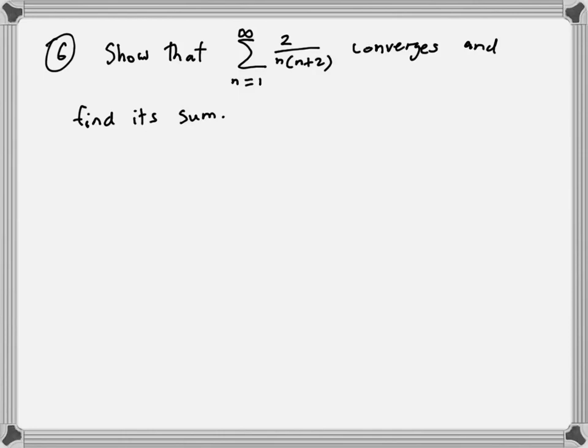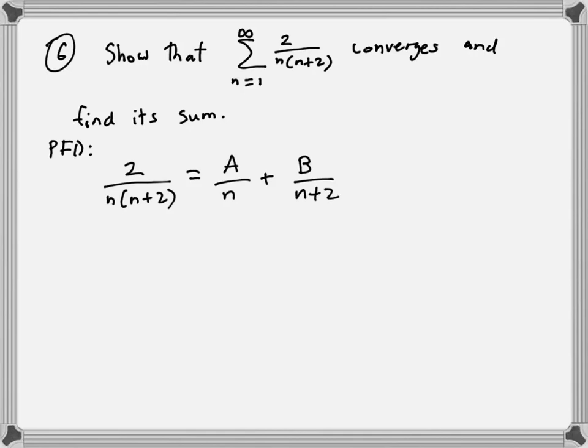Now, it is not easy to look at this sum just on its own, but here is the trick, okay? The trick is to take this term, 2 over n times n plus 2, and use partial fraction decomposition on it. So we know, because the bottom is already factored for us, that this is equal to a over n plus b over n plus 2. So this is what we need to find. What are a and b equal to?